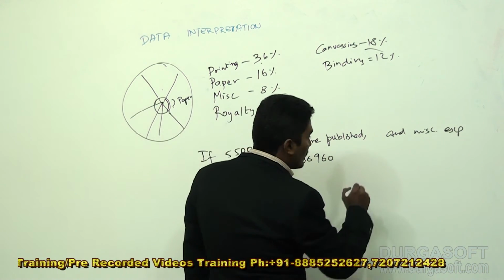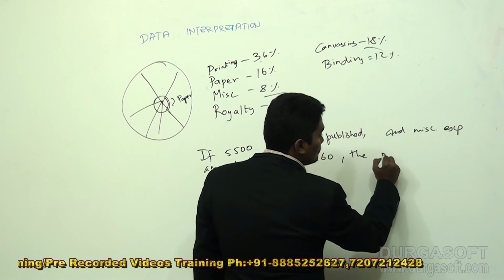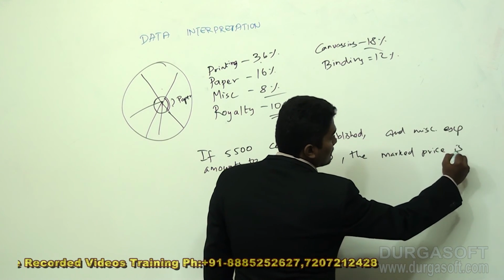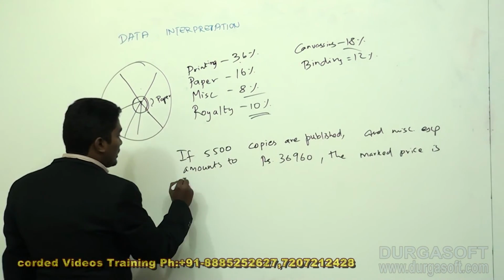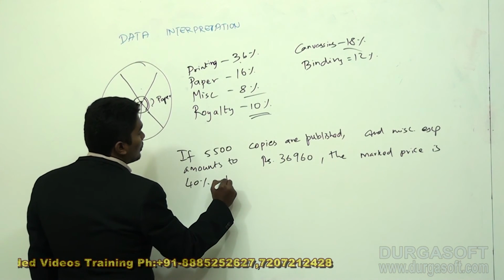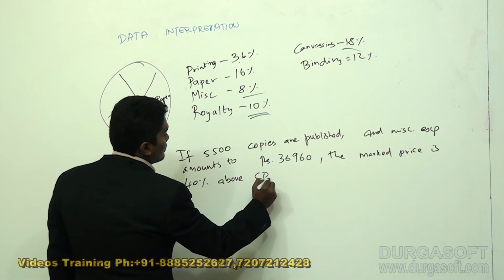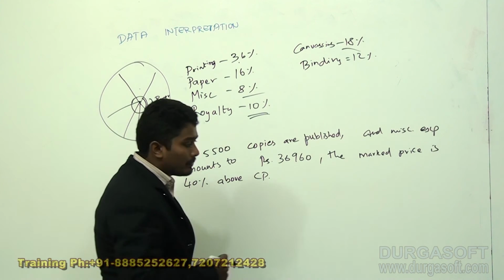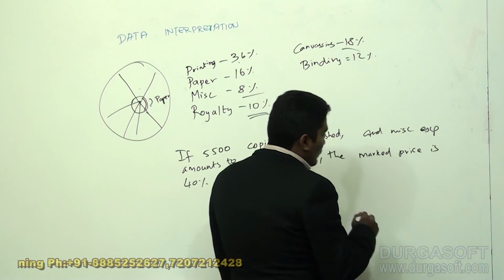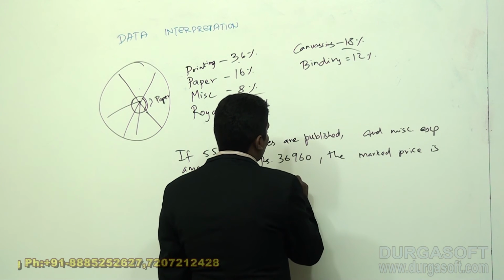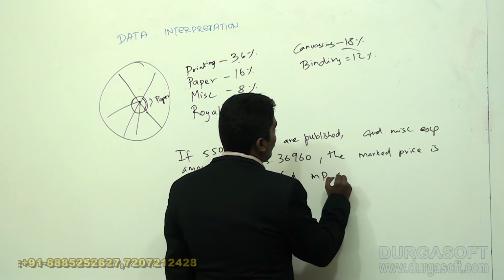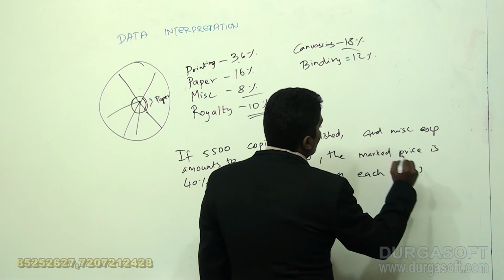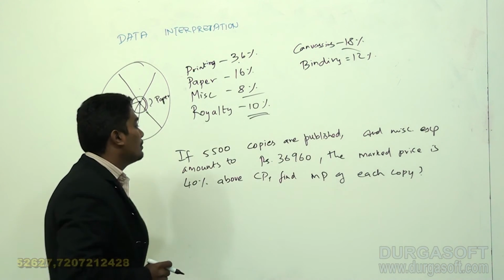The marked price is 40% above the cost price. Then find the marked price of each copy.